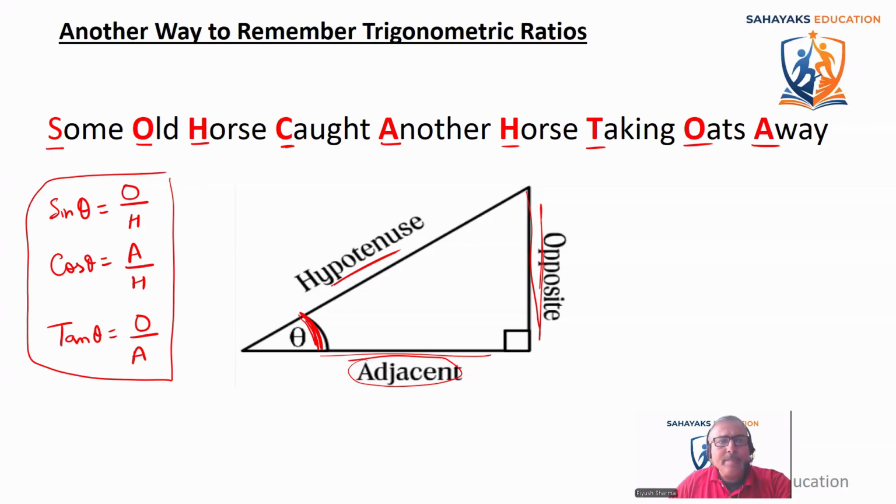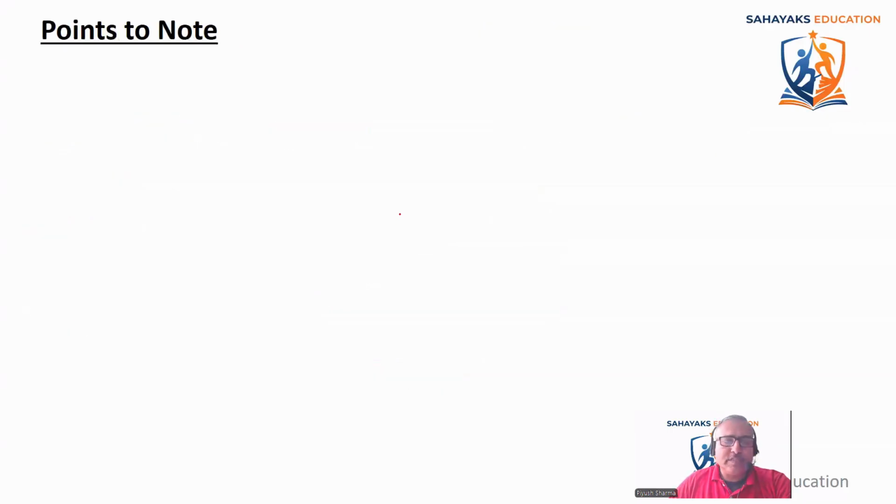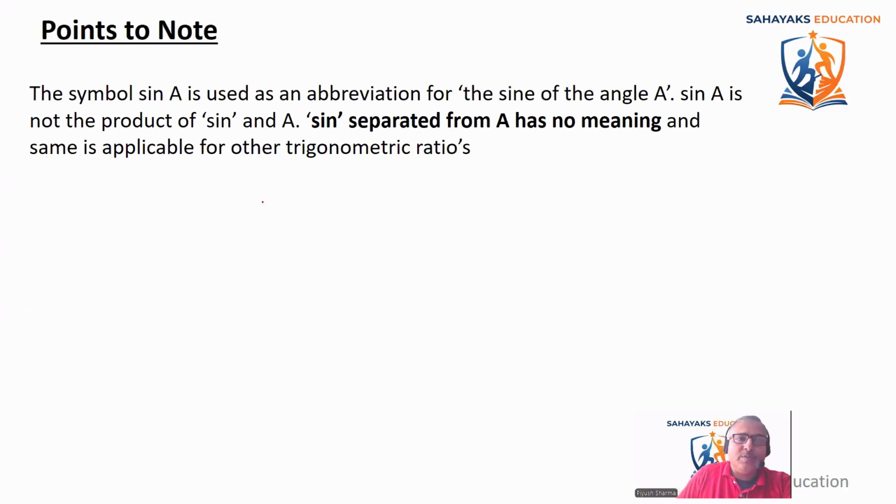Now there are certain points to note, which are pretty important. The point to note is sine A is used as an abbreviation for sine of angle A. It is the sine of angle A. It is not sine multiplied by A. And sine doesn't have any meaning if it is not associated with any angle.